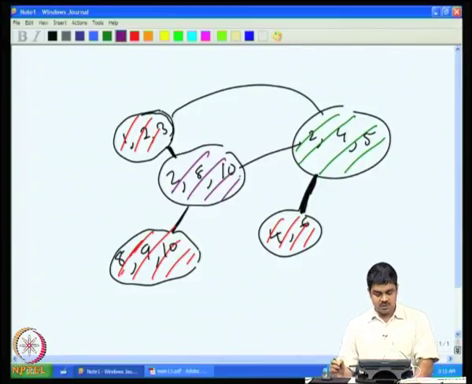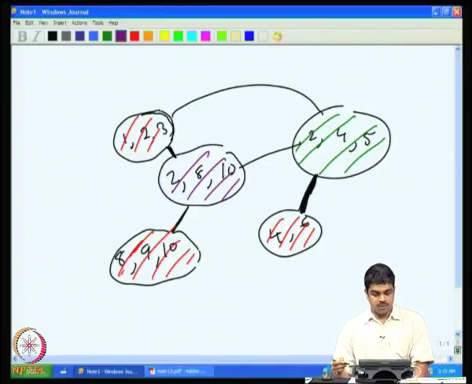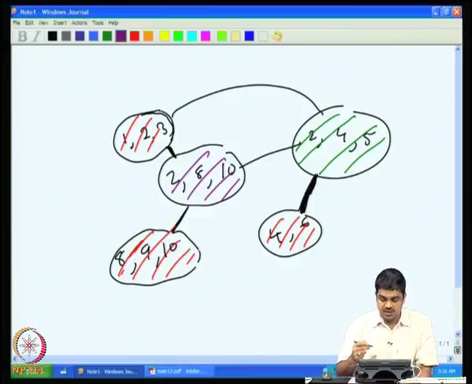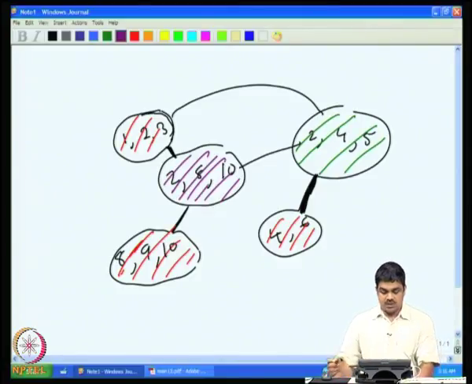Here I used some colors. The red color indicates the first day, the green color indicates the second day, and this violet color indicates the third day. So, 3 colors correspond to 3 days. We need 3 days to schedule all the meetings, and this corresponds to the graph coloring problem.